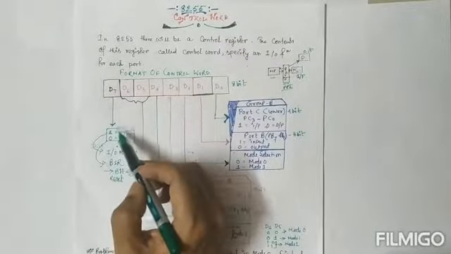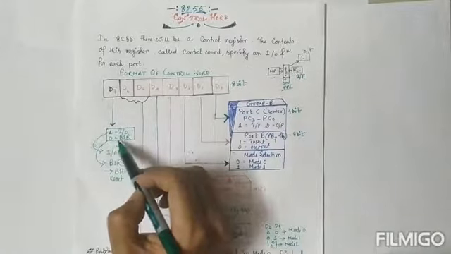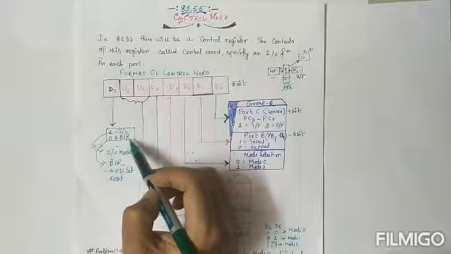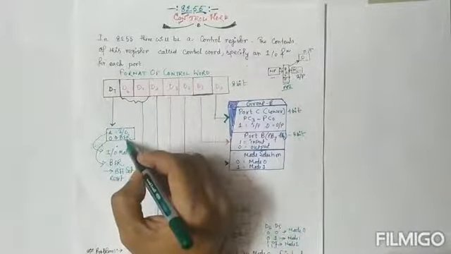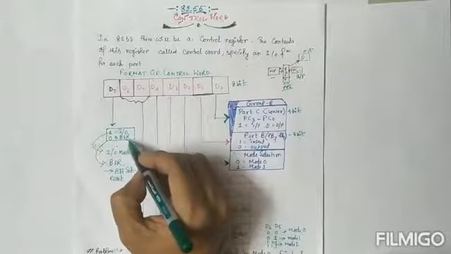If the bit is 0, then it indicates BSR, or bit set reset mode. This is another control word format.